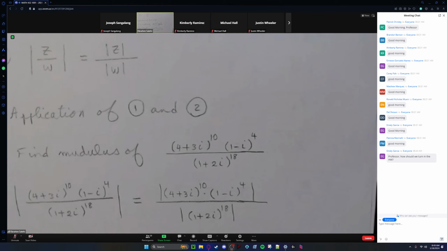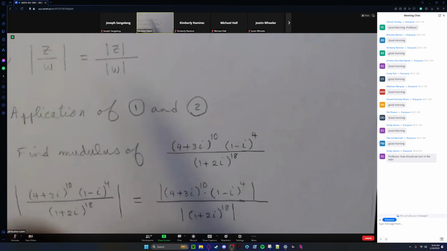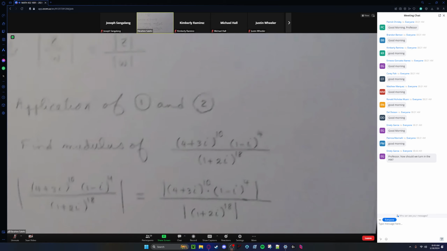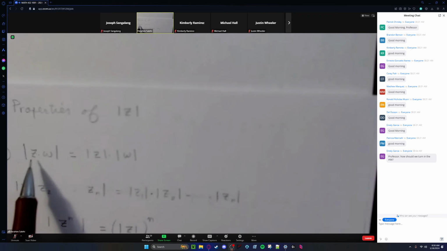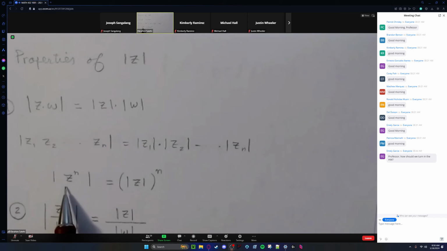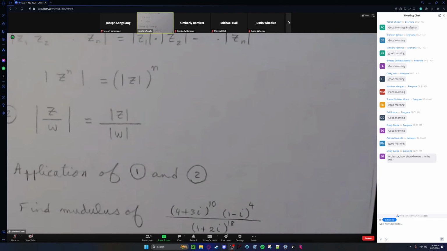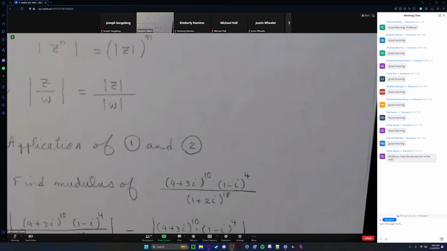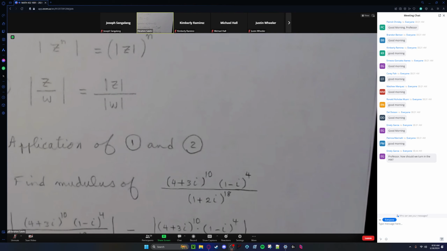Now I'm going to use property number 1. And remember, property number 1 is about multiplication. And we generalized it, and we came up with this. So these two are multiplied by each other. It will be the modulus of this one times the modulus of that one. Good.